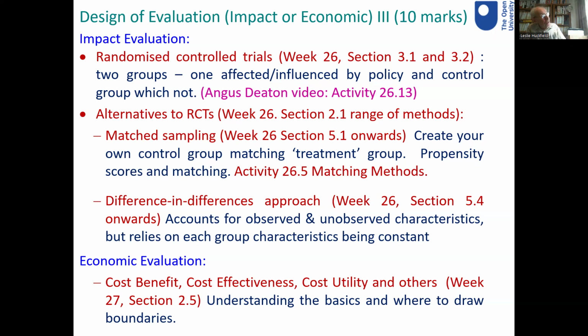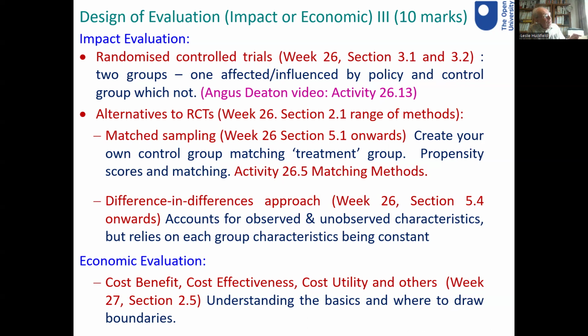Now, again, if I may say so, you don't need to know about all of this in intricate detail. What you need to be aware of, particularly in the context of an impact evaluation, is that you need to have another group with which you're going to compare your researched group. It can be RCTs, matched sampling, or difference in differences.